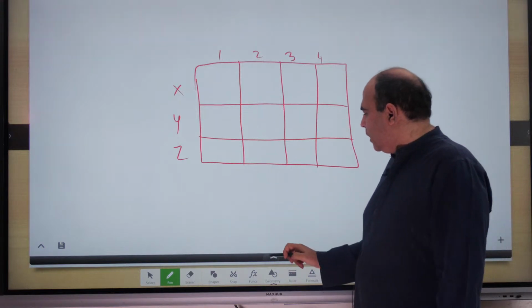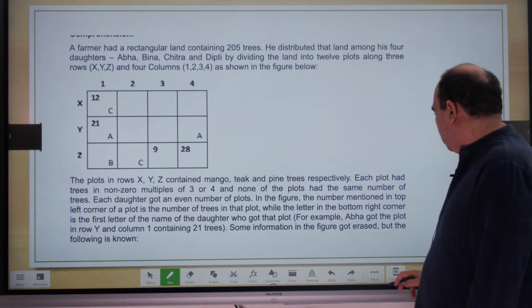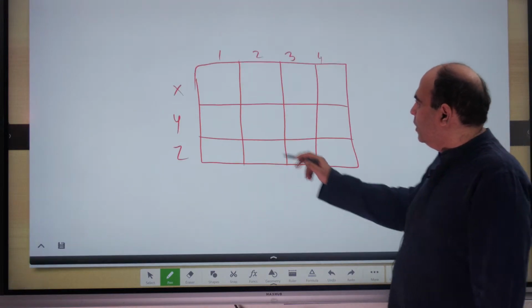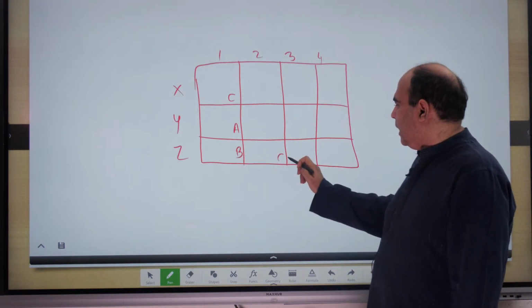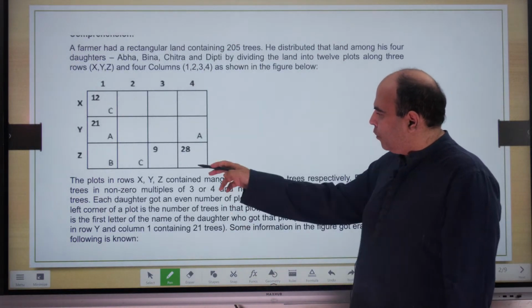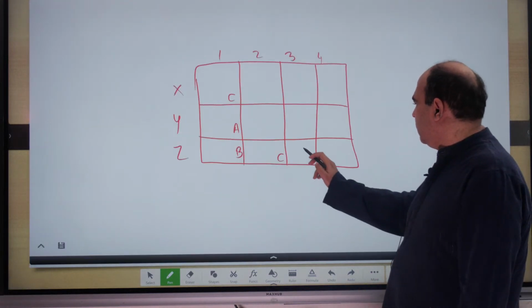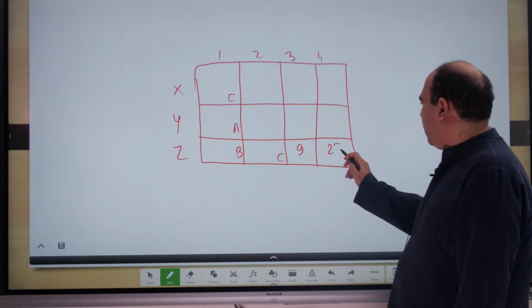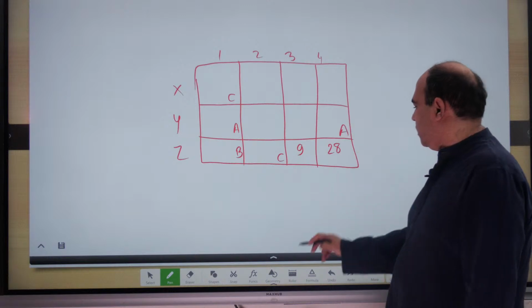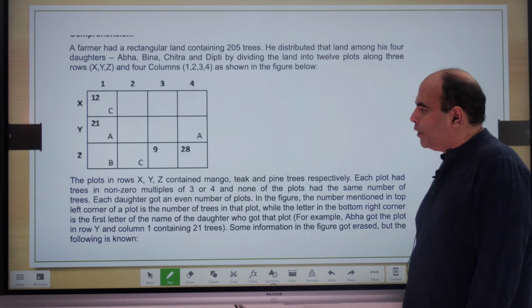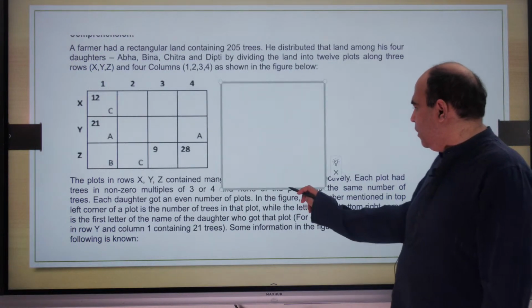You start doing this and you take down all the information: C, A, B and C, followed by 9, 28 and A. This information is given to you.